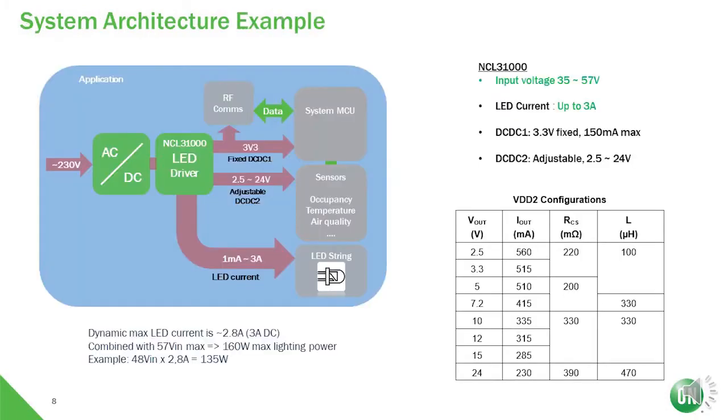This is an example of a possible system architecture. Powered from the mains, the NCL31000 is capable of driving the whole system, with an LED current going up to 3 amps, 3.3 volt fixed voltage for the control system, and an adjustable voltage for sensors and other peripherals. The NCL31000 is capable of driving luminaires up to the 150 watt range.